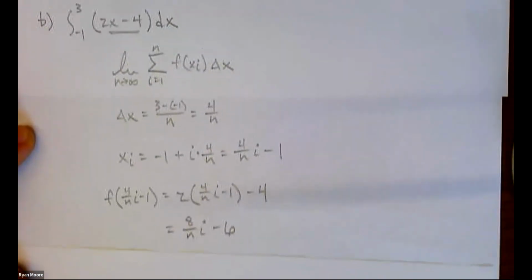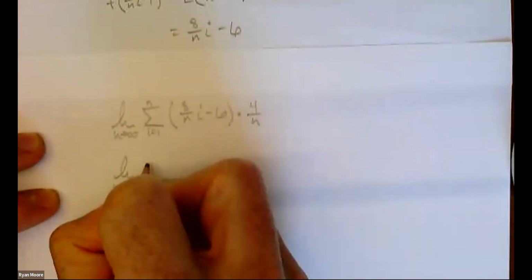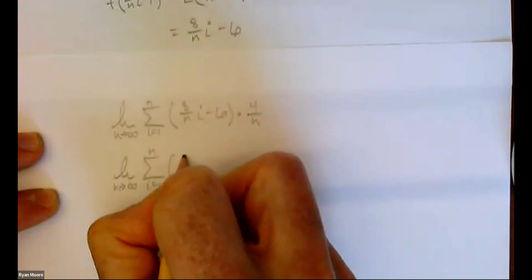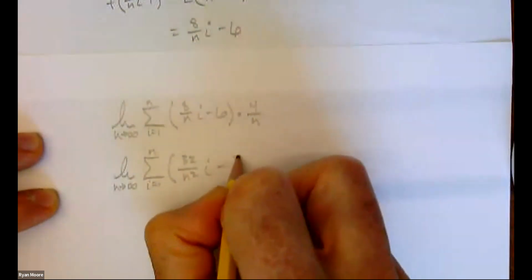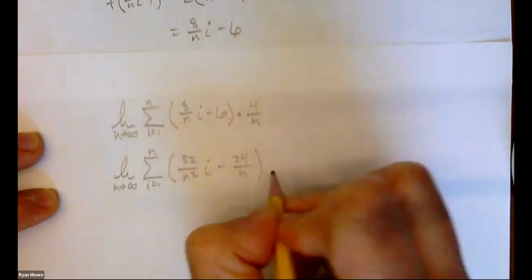Okay, there we go. What do we do from here? Distribute. So that's 32i over n squared minus 24 over n.